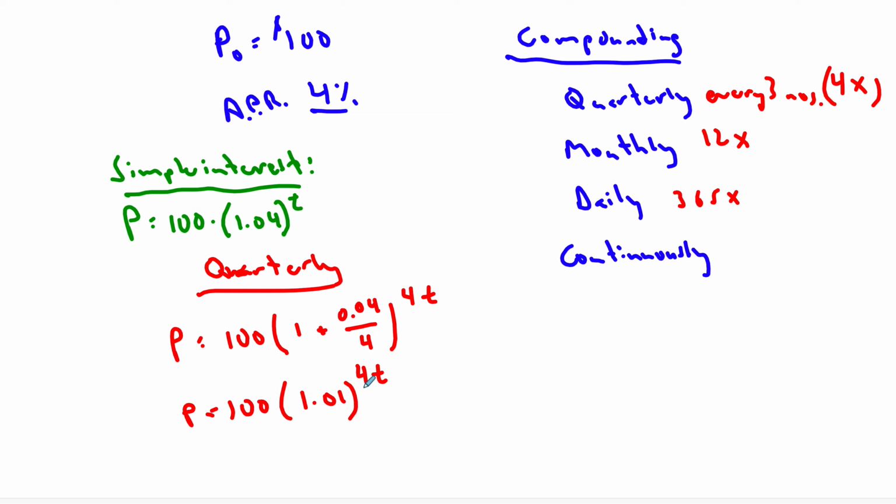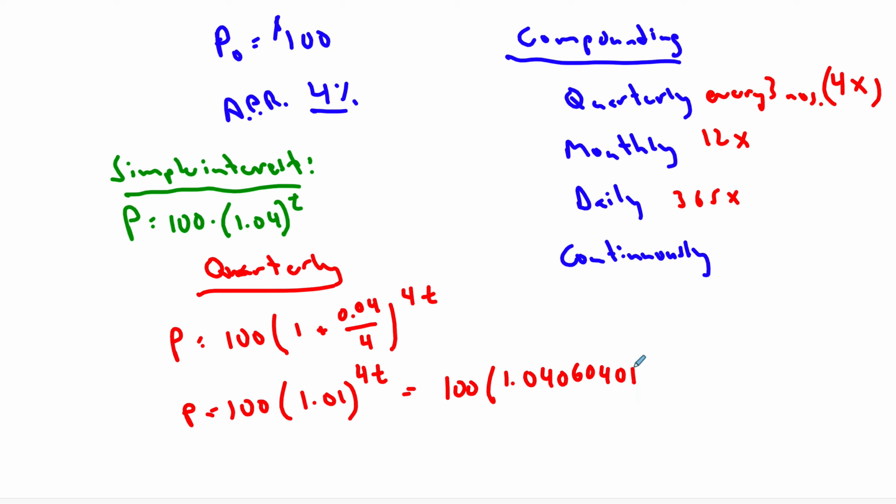So if you wanted to simplify this, we could do 1.01 to the 4th, which is 100 times 1.040604.